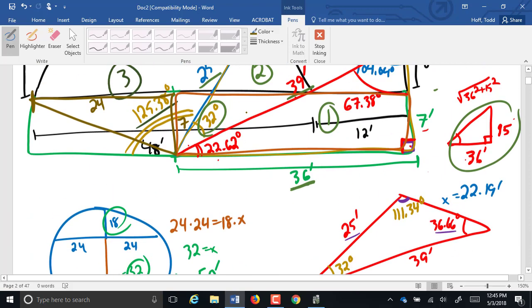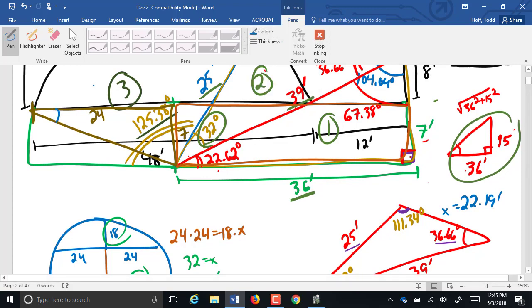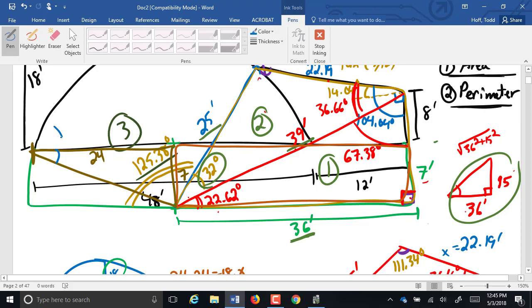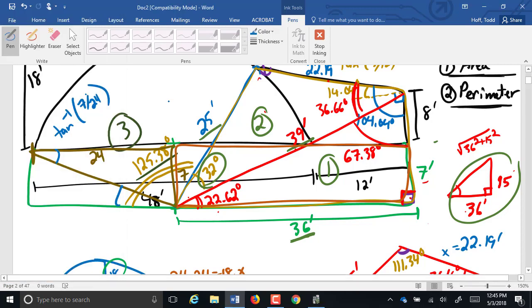And then we need to know this angle. Why do we need to know that angle? Well, because that'll be this angle down here. Yeah. So that is the inverse tangent of 7 over 24, opposite over adjacent. That's 16.26 degrees. So I'm just going to put that down here.